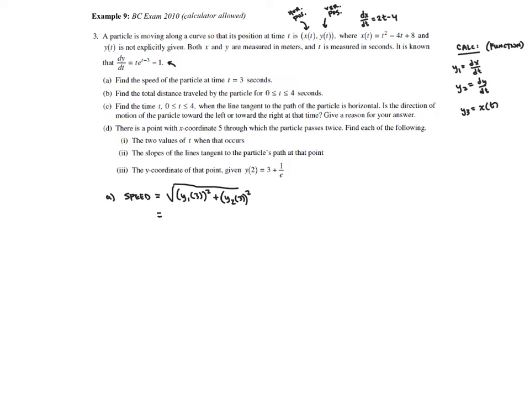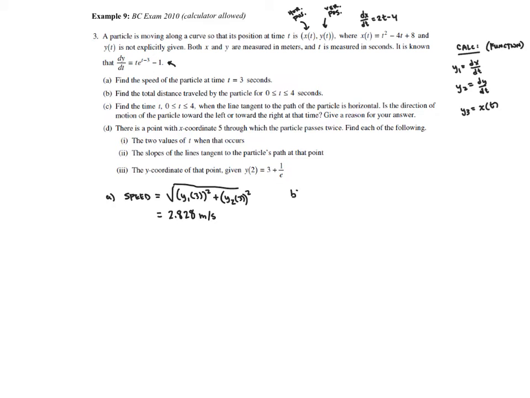Using my calculator, the square root of that comes out to be 2.82. Don't forget to go to 3 decimal places as well as to use units of measure, meters per second.